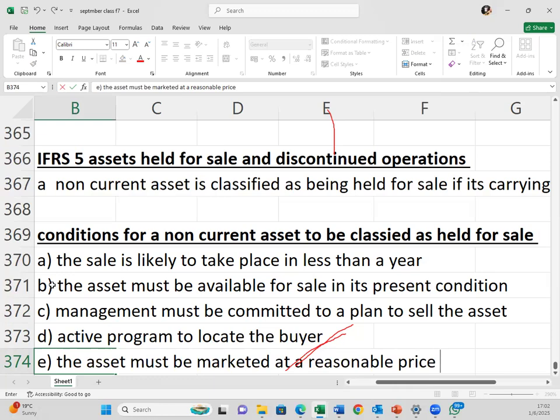The price that we are charging can determine the intent, because we can't charge a price which is way above the market price. It shows as if we are not willing to dispose of the asset. It doesn't show our serious intent. So it must be a reasonable price.